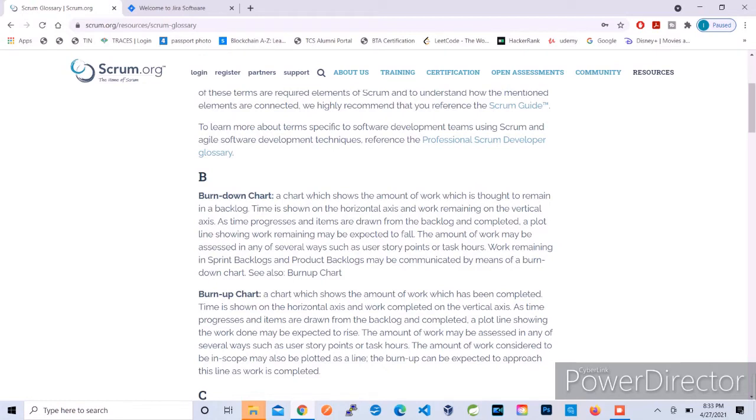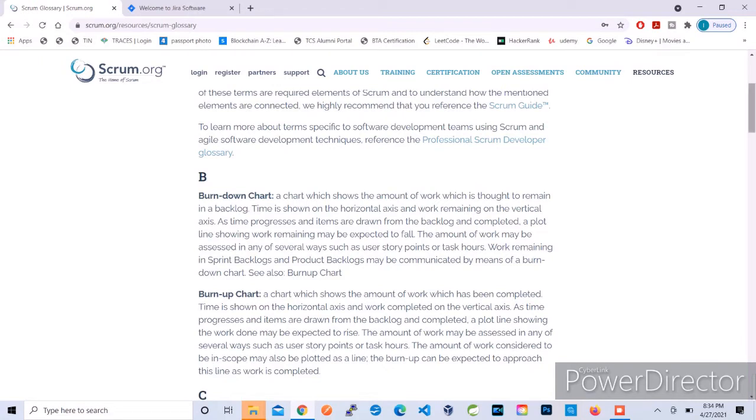So it is kind of a step diagram where every time you close one, your total remaining amount of stories will be less. So first you have 25 points, you close one story, you get 20 points, then you close another story, you get 15 points, like that. At the end of the sprint, you will come to zero, which is left behind. So that is the burn down chart.